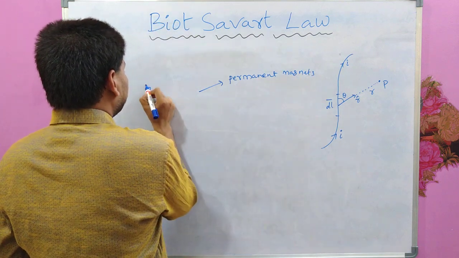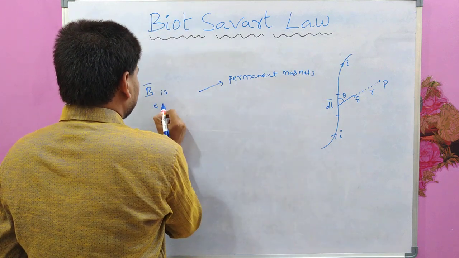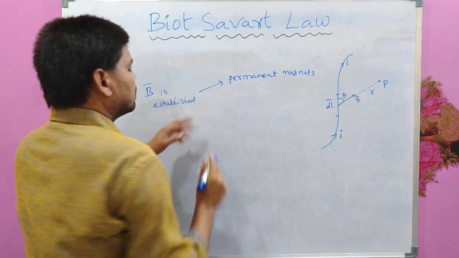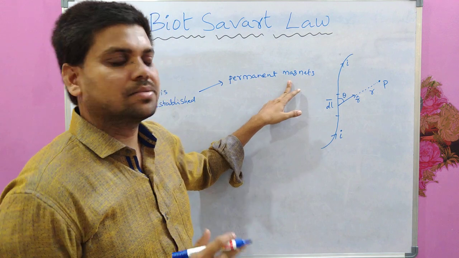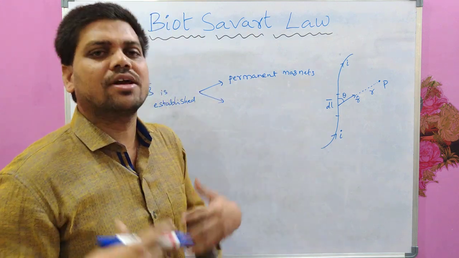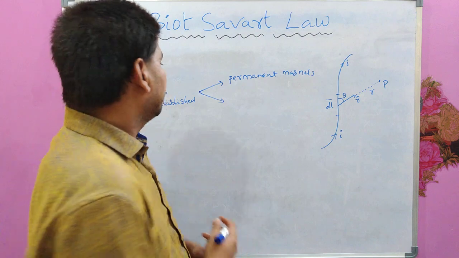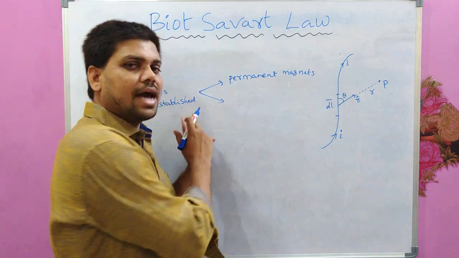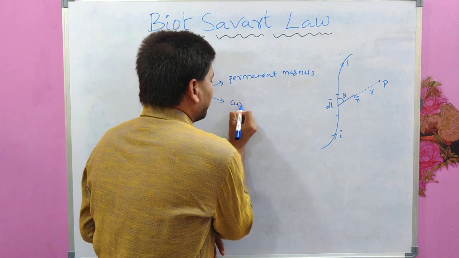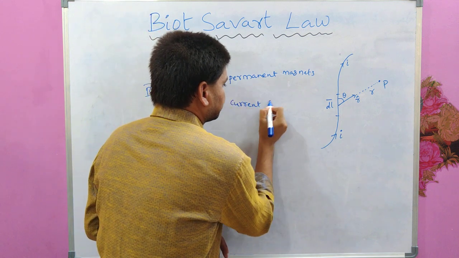Magnetic field is established due to permanent magnets, as well as, according to the discovery of Ørsted, magnetic field can also be established by current carrying conductors.